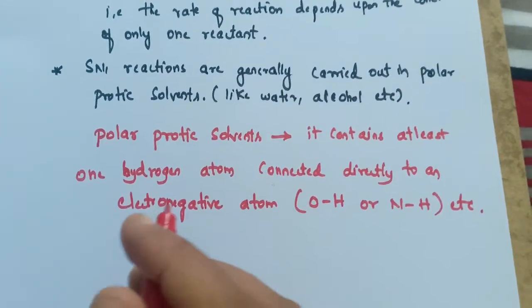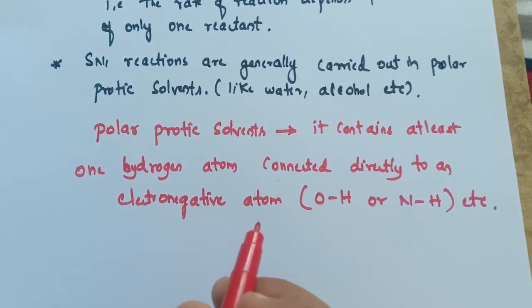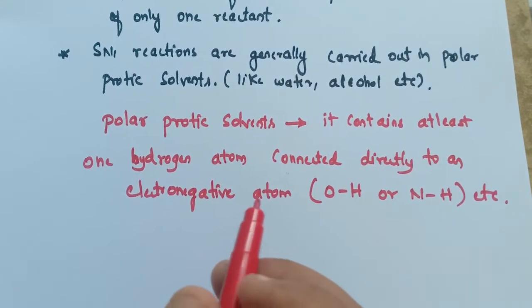Now we shall consider the example of the reaction between tertiary butyl bromide and hydroxide ion in the SN1 mechanism.